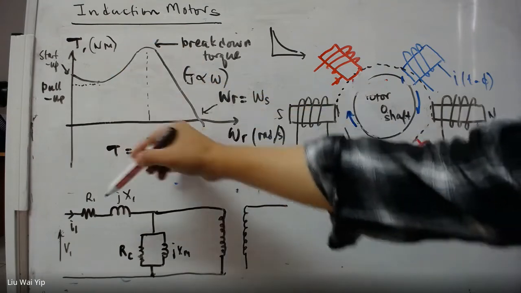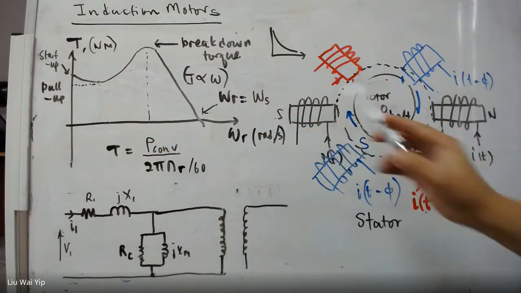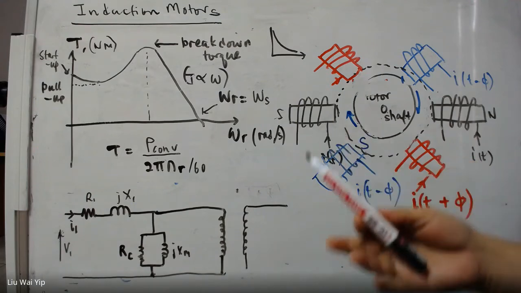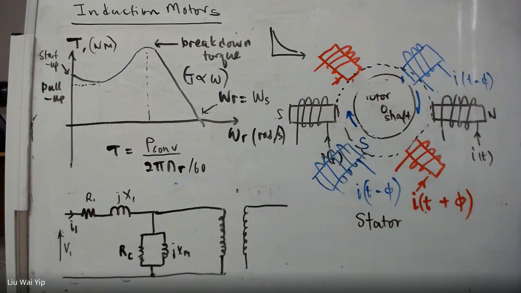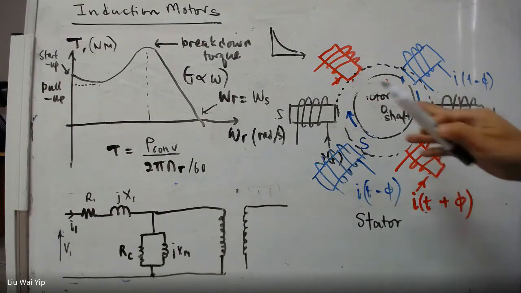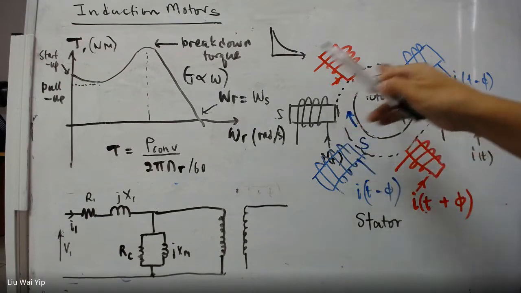The primary of the transformer is used to model the stator. Indeed, the stator is just an electromagnet. It's just an array of electromagnets. But the rotor itself is somewhat different.